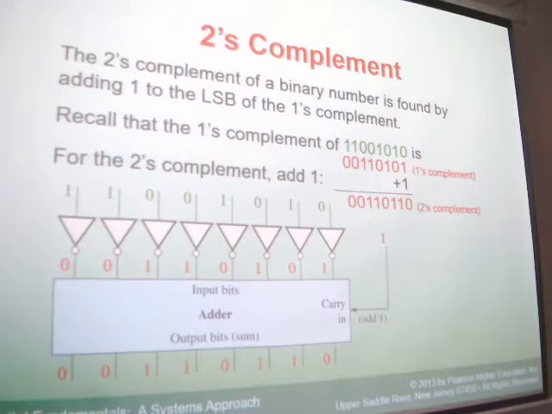So when we want to find the ones complement or twos complement, we should remember that the highest bit, the MSB, is our sign bit. When the number is positive, the sign bit is 0, and when the number is negative, the sign bit is 1. We should remember this.